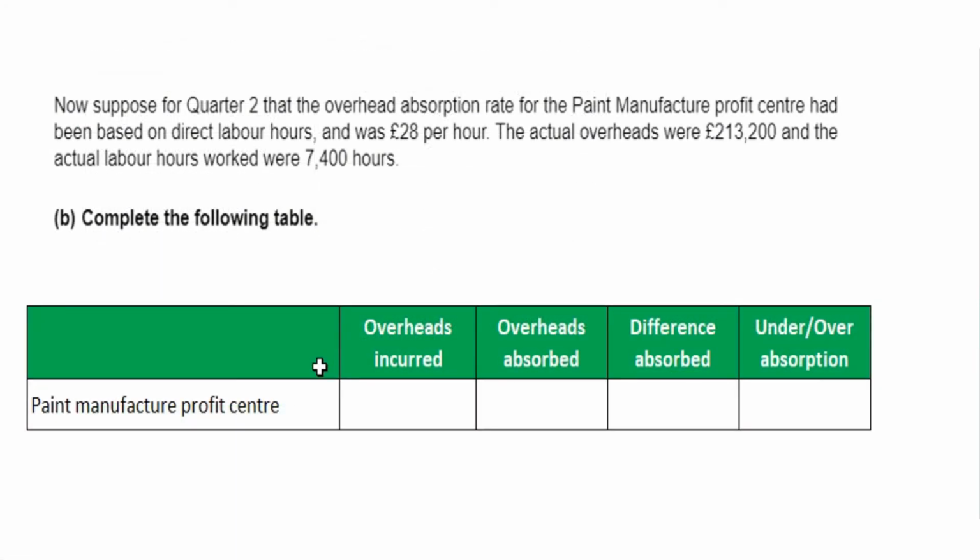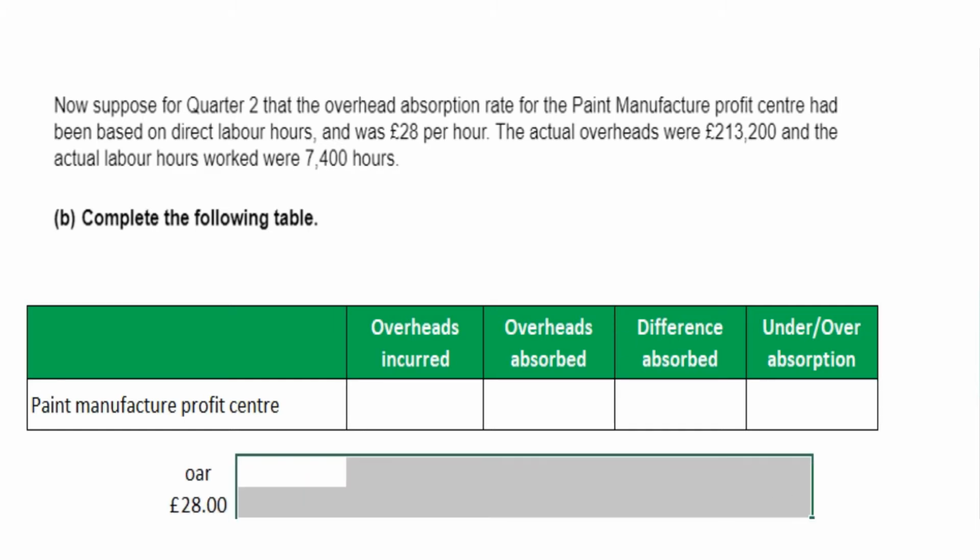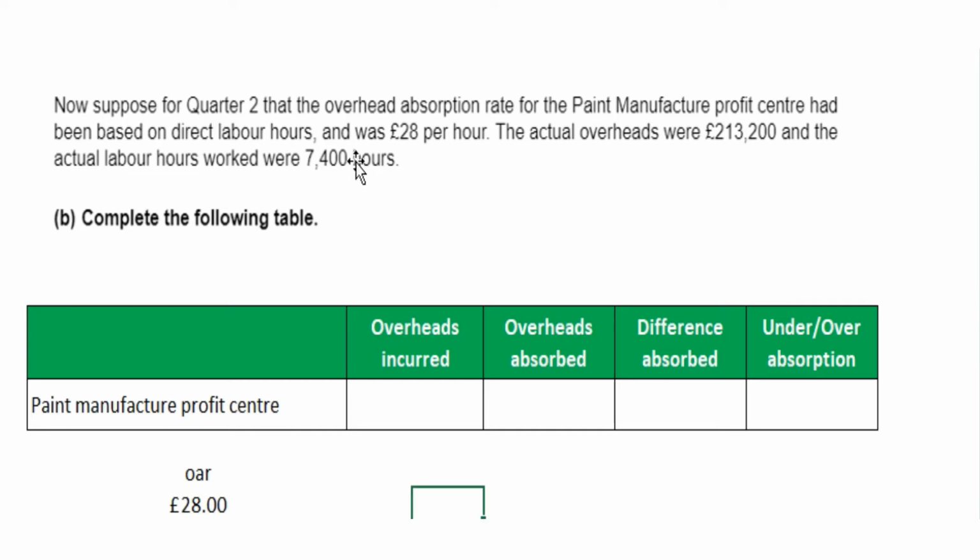Now we're looking at part B. Let's read it first. Suppose for quarter 2 that the overhead absorption rate for the paint manufacturer profit centre had been based on direct labour hours and was £28 per hour. So we've already been given the overhead absorption rate we're going to be working with, £28.